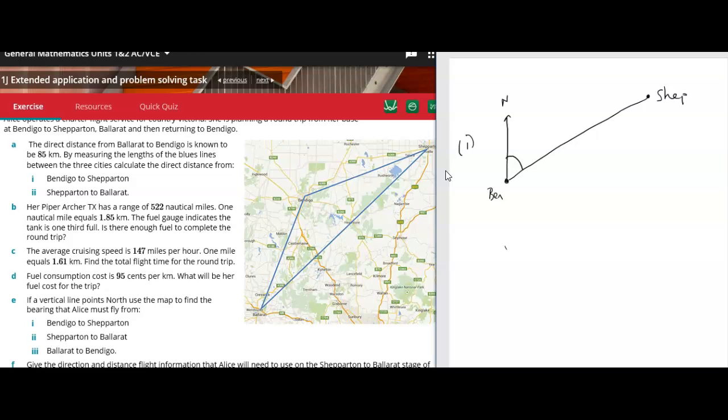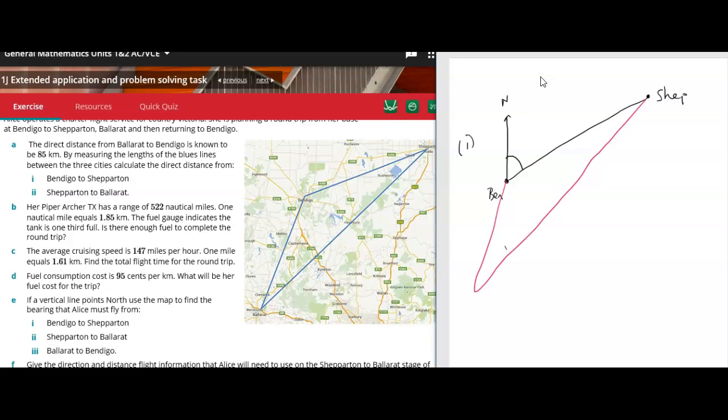Okay, so the bearing that she must fly from Bendigo to Shepparton. Now, to work out what that is, I'm going to draw the rest of the triangle in pink. Sometimes I choose different colors and I don't even know the rationale, but because we're doing this bearing and we need this triangle as well. Gosh, this is tricky.